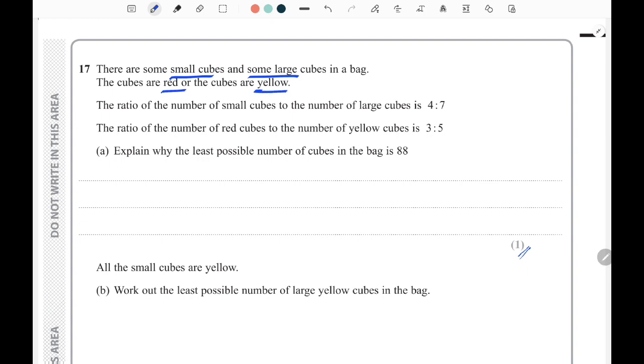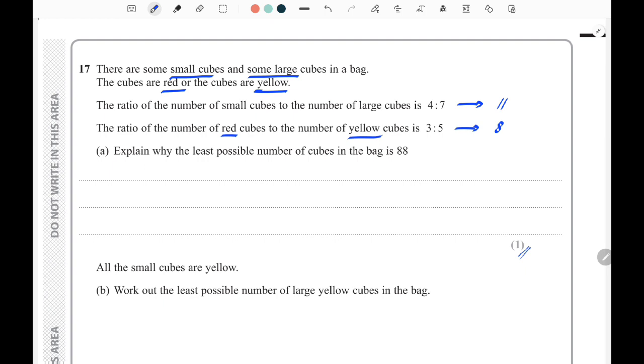Fair enough. That's all you need to know from that first part of the question. The ratio of the number of small cubes to the number of large cubes is 4:7, so the total number of parts there in terms of size is 11. The ratio of the number of red to yellow is 3:5, and that total is 8.